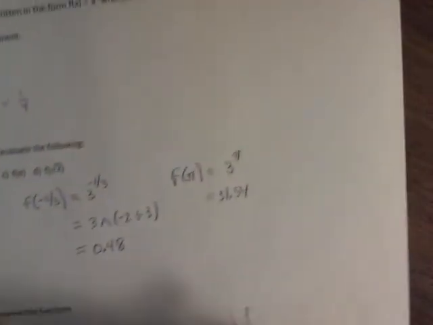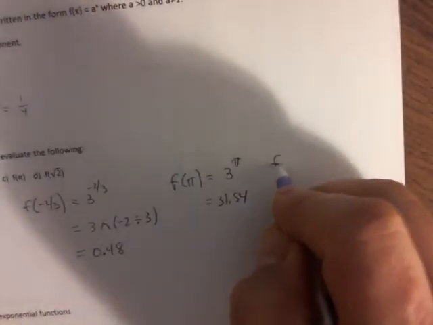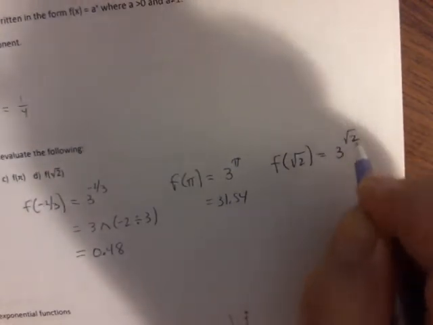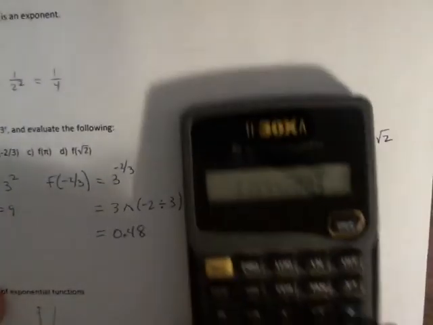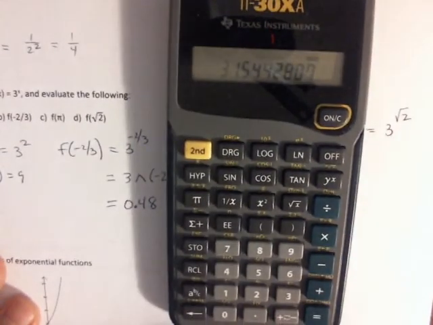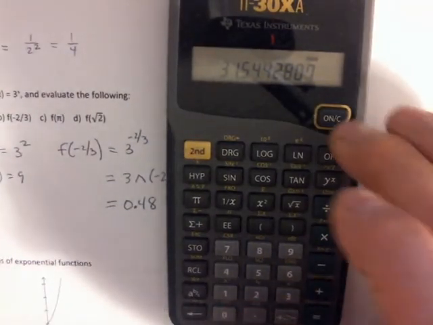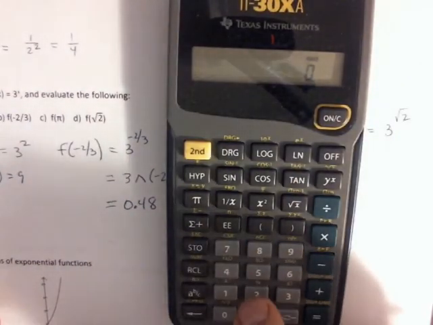Now, the last one there, the square root of 2, is a little harder, simply because how do we enter all this into our calculator, especially with one of these? It makes it very difficult because you've got to use grouping symbols, all kinds of things. But what you always have an option to do is you can always find the square root of 2 and make it a decimal.